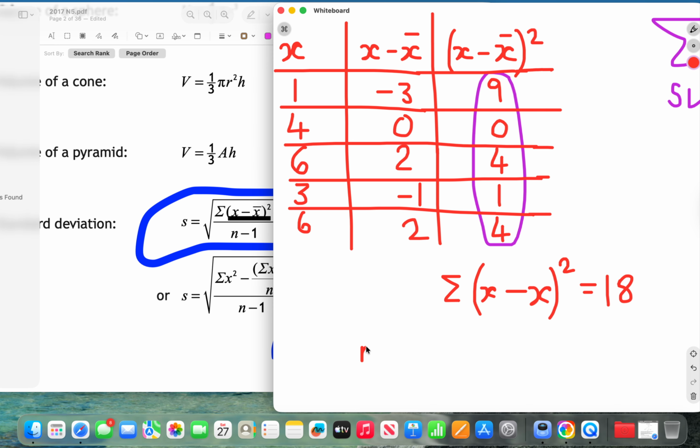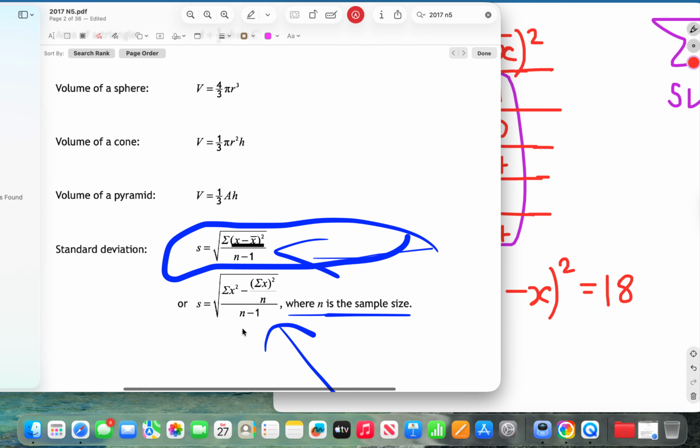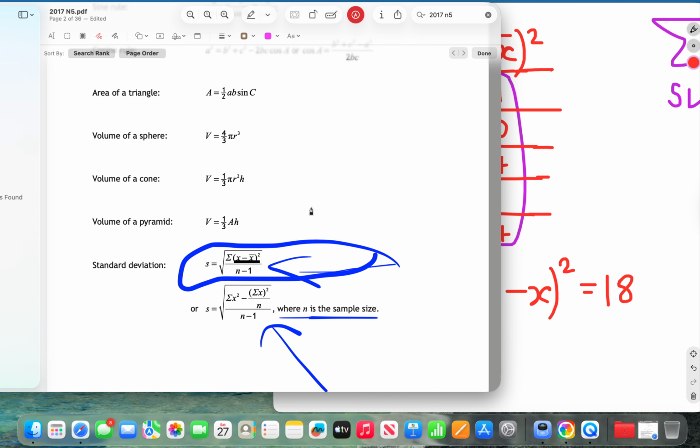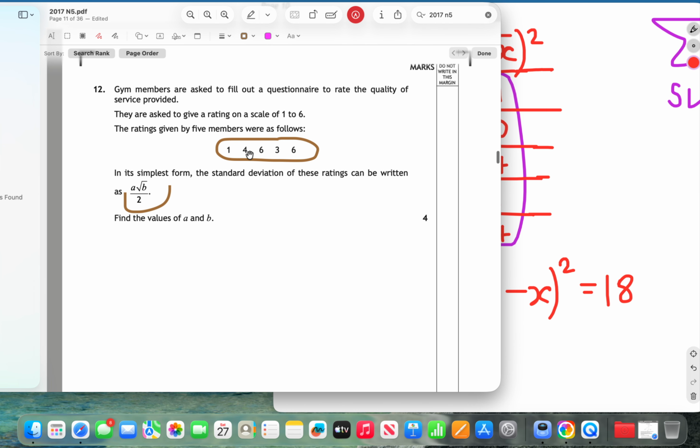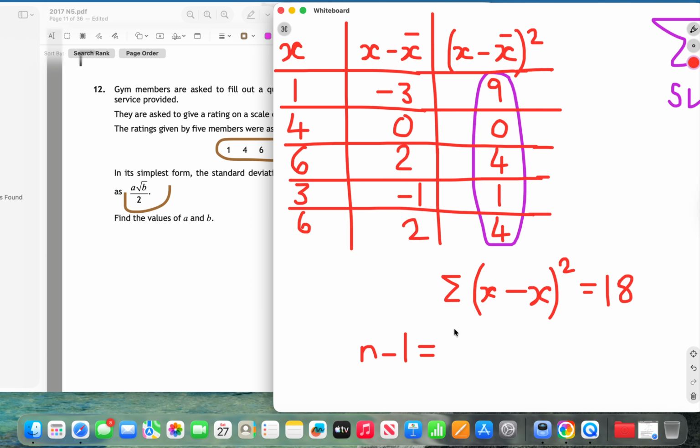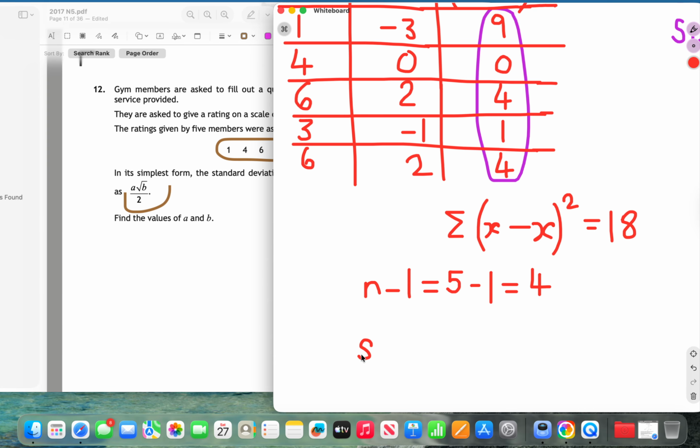So n minus 1, n is the sample size. So we have 5 numbers in the set. We're given 5 numbers, so 5 minus 1 is 4. And the formula that you're given on the sheet is this.